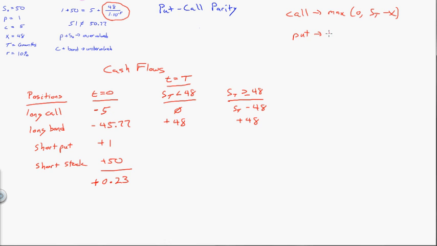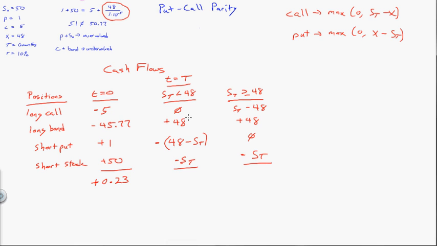Remember, the payoff to the put is the max of 0, X minus ST. Well, the put is exercised if the price goes down, so 48 minus ST, but I'm short the put, so I'll multiply by -1, and here is 0. I'm short the stock, so I have to buy the stock back in the future, so that's a minus.